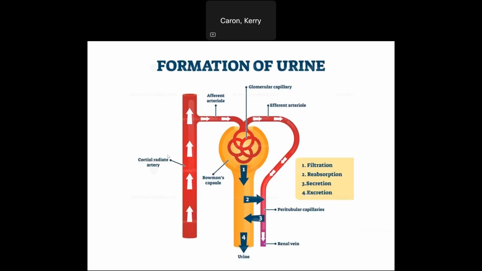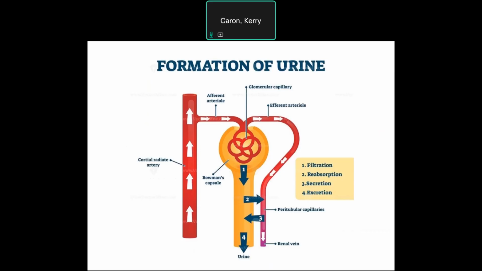Okay, so we've got the afferent arteriole here entering the glomerulus. Then it exits the efferent arteriole. Filtration happens in the glomerulus. Reabsorption more so in this stage at the peritubular capillaries.